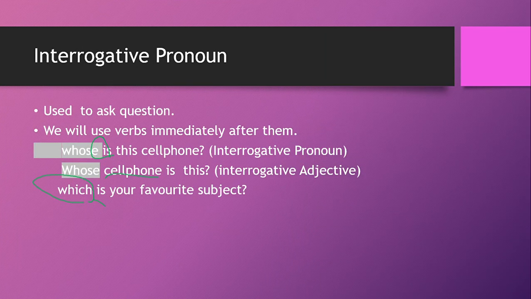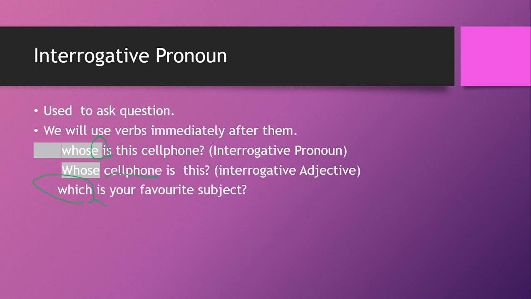Then comes interrogative pronouns. Interrogative pronouns are pronouns that are used to ask questions. Do remember that when we use interrogative words, only if we use verbs after them would they be interrogative pronouns. Got it? The example is: whose is the cell phone?